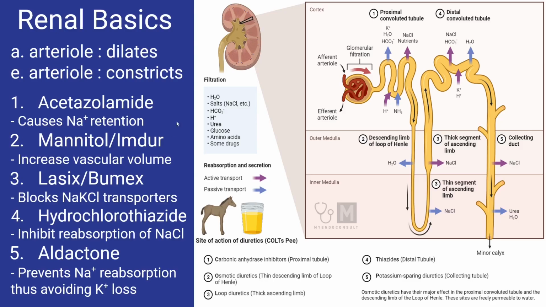On the left, I included numbers that match this image on the right, so you can see where these different diuretics act on different parts of these tubules. So just take some time to pause or take a picture of this to review later. They may not necessarily ask you a question about this, but it's good to know for the patients you're taking care of where these drugs are working within their kidney.